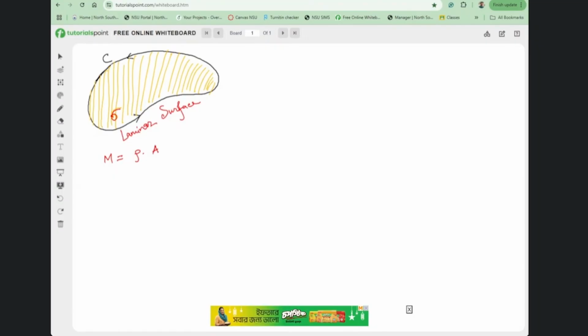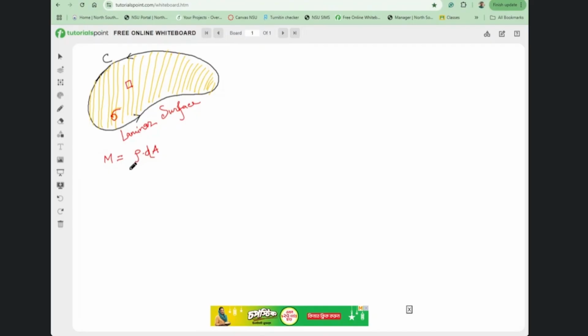One thing is very important in here. The question is how to find the area of this laminar surface, right? So what we did is look for its differential area, which is dA. Now, if density is constant, then that is one thing.